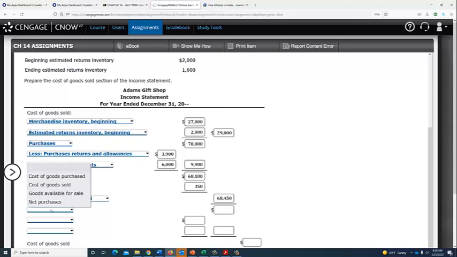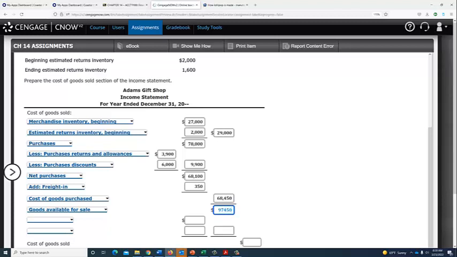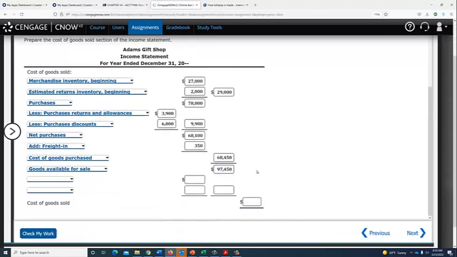So now we can figure our goods available for sale because of what we started with plus what we purchased. And if we add those two figures together, we get $97,450. That's everything in our store that we could have sold to our customers.